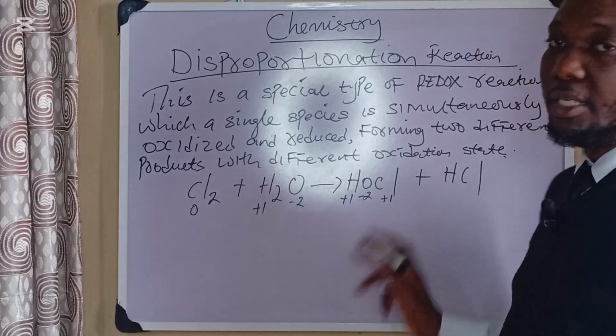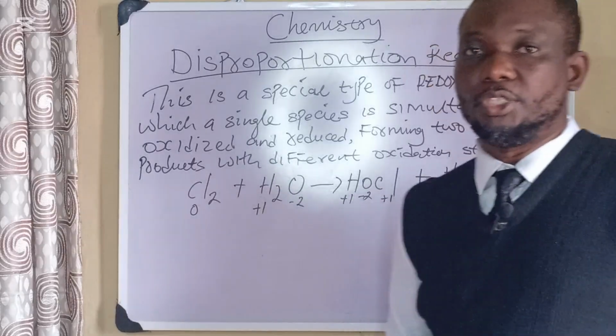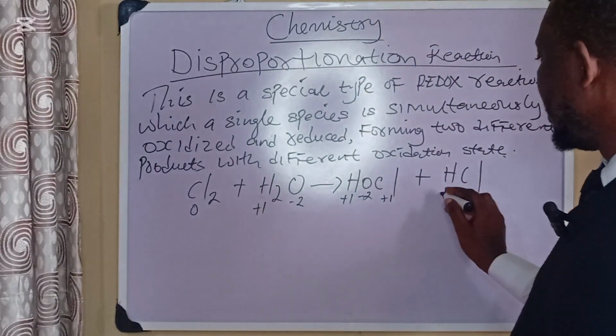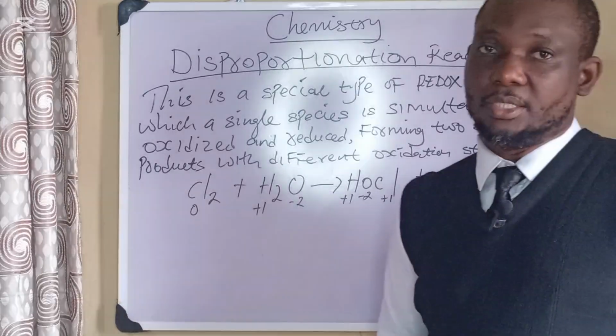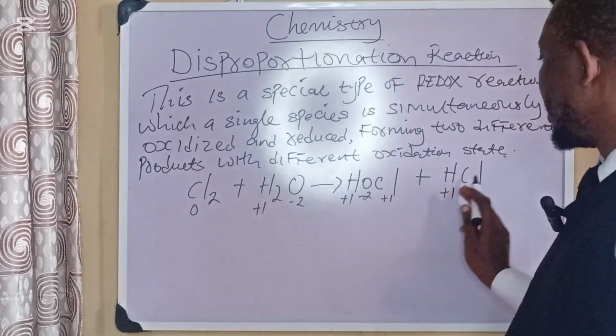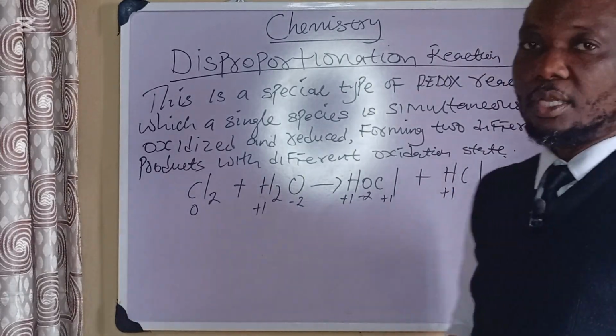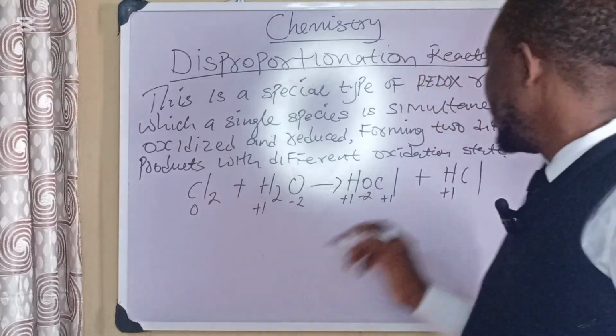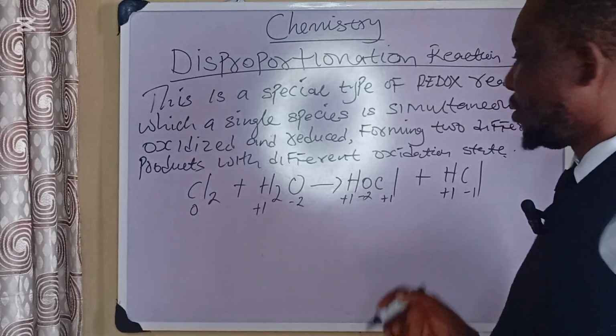If we do the same thing here, the oxidation state of hydrogen is plus one in the combined state, as you can see in that HCl. And the sum of these two atoms has a net charge of zero. So in this case, chlorine here is minus one.